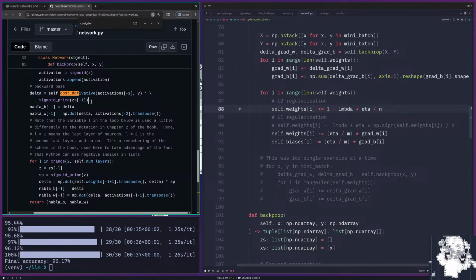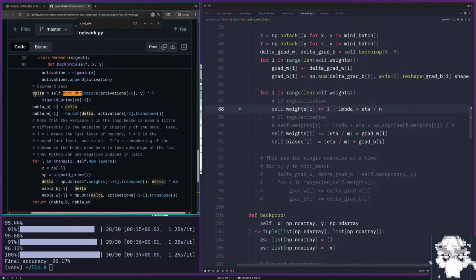And the issue is you don't want to multiply it by a sigmoid prime when you're using cross entropy. So I think what he's saying is you have to make the whole delta be a function, because the cost derivative is always a minus y, but you have to either multiply it by sigmoid prime or not, depending on what the cost function is.